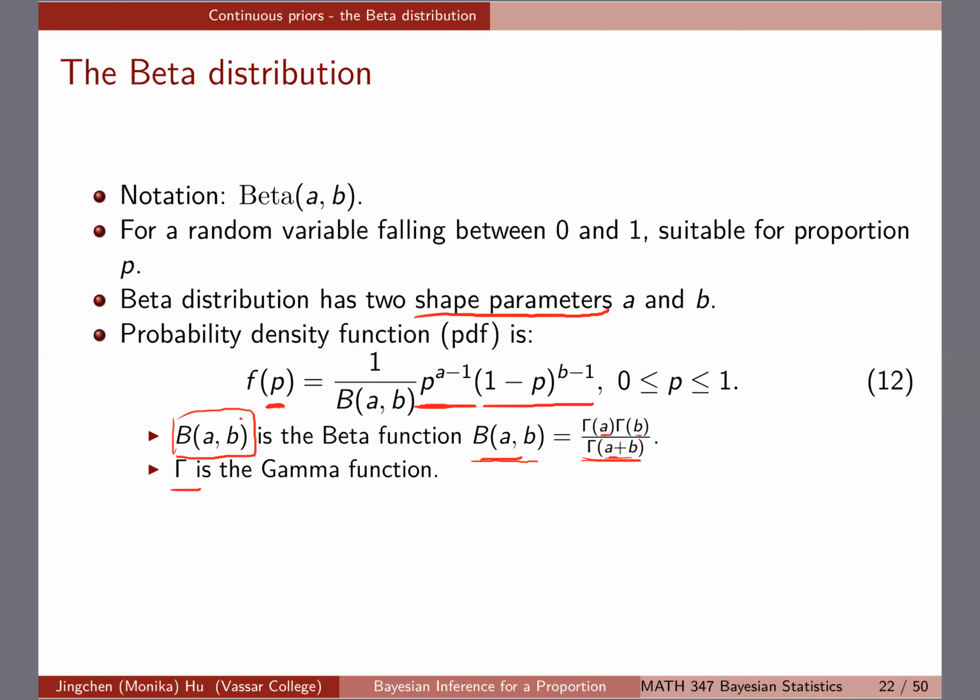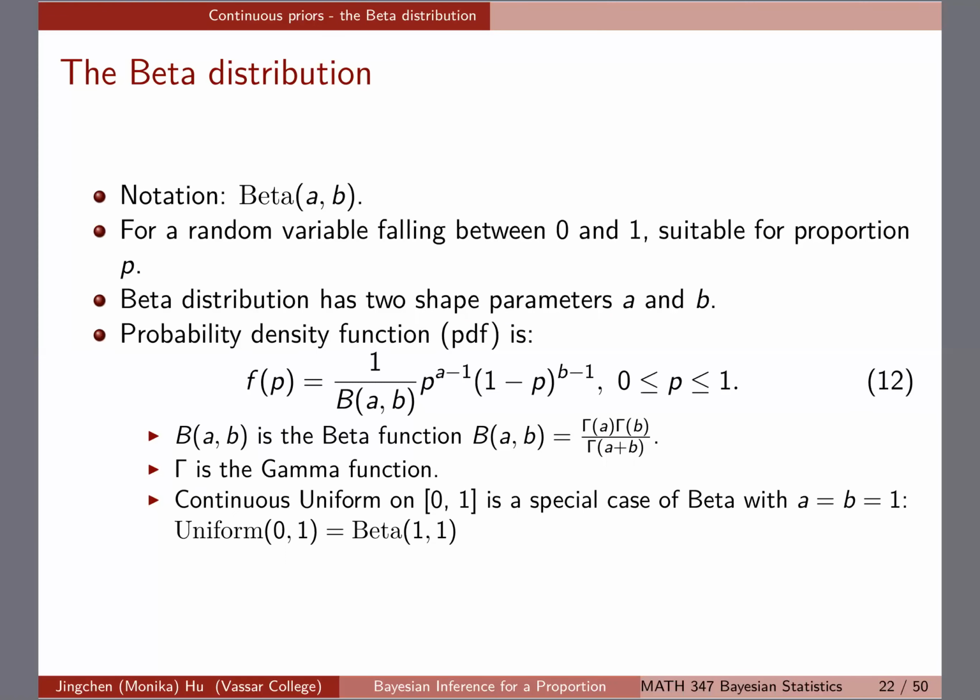But we do want to cover the PDF itself, so you will see it over here. The probability density function follows this particular expression in equation 12. And before we break, I just want to show you that the continuous uniform that we covered is a special case of beta when A equals B equals 1.